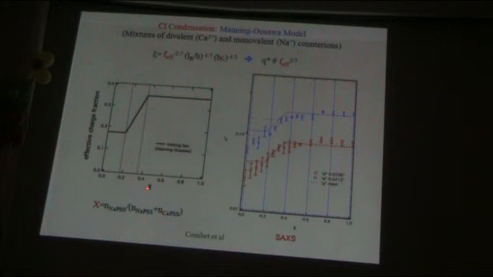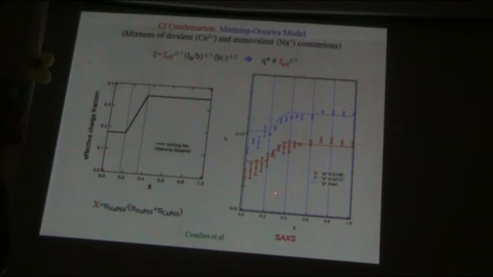For this variable at 0 here, you have mainly the calcium counterions, and here you have mainly the sodium counterions. Of course, the condensation is not the same, so the effective charge is not the same for monovalent and divalent counterions. I won't go into the details, but you expect some figure like that from the Manning-Oosawa model, because when you mix divalent and monovalent counterions, first you condense the divalent.